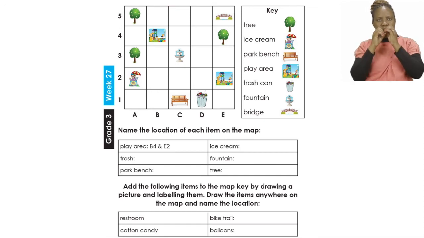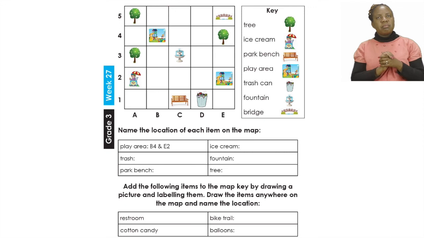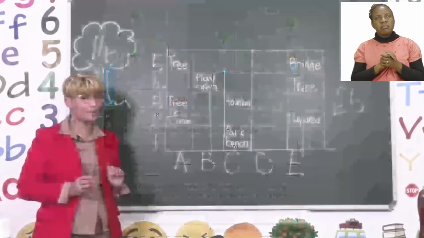Right. Remember, you can draw your own items. And once you have drawn your items anywhere where you still have space on the grid, you can then also go ahead and label each item. Now remember everyone, the grid that I have on the board is similar to the one on your page.